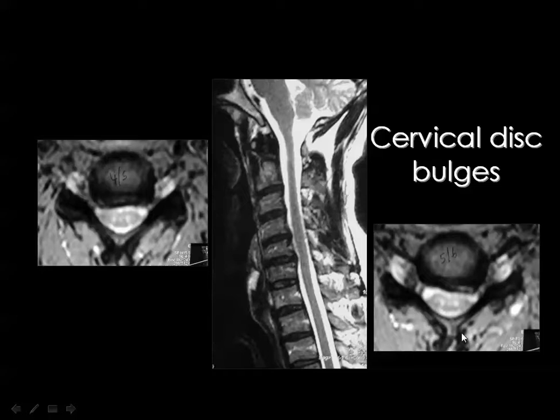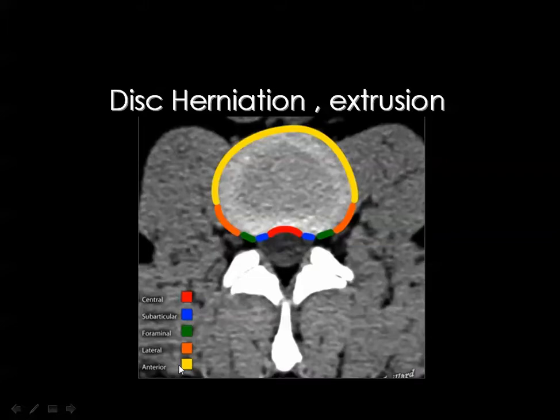At C5, 6, you can see also the edge of the disc is bulging from left to right, but it is more on the left side, meaning that the annulus is weaker on the left side, and we call this diffuse posterior and left posterolateral disc bulge. And if the annulus is going to be torn, after that, this will be the site of the tear.